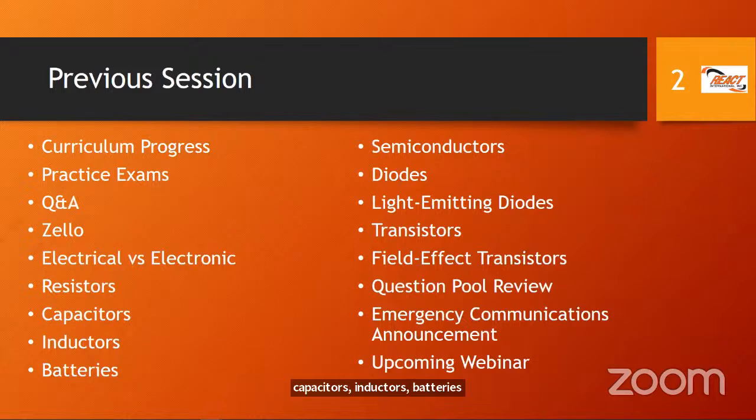We dealt with what are semiconductors, and then we went into diodes, LEDs, transistors, FETs, and then we had our question pool review. We also had an announcement on emergency communications, and we also discussed an upcoming webinar.